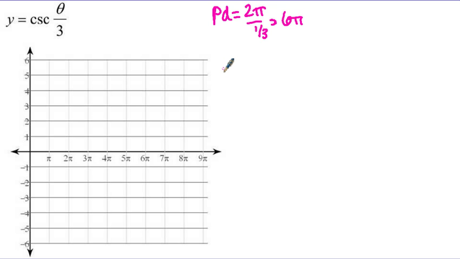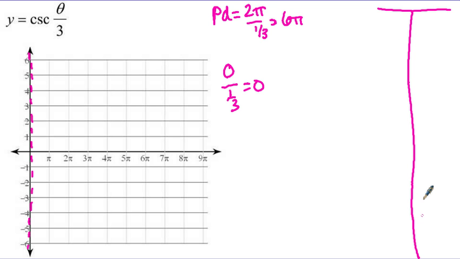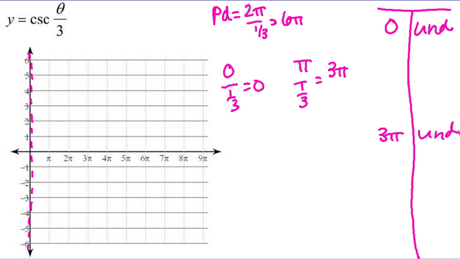Let's go ahead and then find the asymptotes, because we like to find those first. So we have 0 over 1/3, which is 0. So I'm going to plot that one first. Okay. You can also make your table at the same time if you want. Sometimes that's helpful. Then we have pi divided by 1/3, which is going to give us 3 pi. So I know another asymptote is going to be at 3 pi.